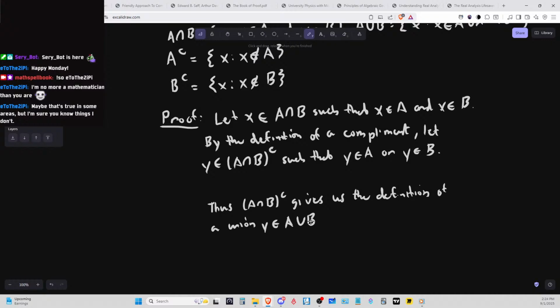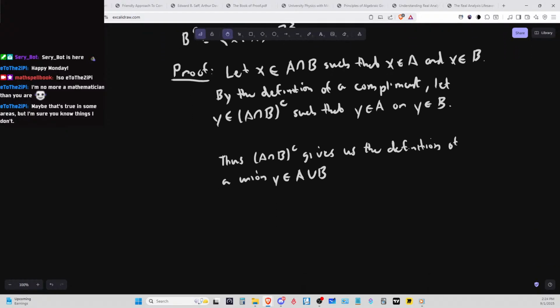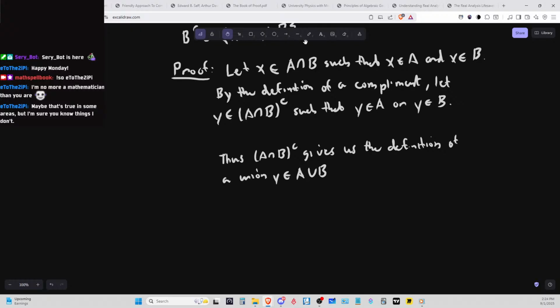Okay, so now we gotta show the other side. For the right-hand side, I'm pretty sure mathematicians shorten it to this, right? If not, then I'll just write it all out if that's not appropriate, especially for someone who's very new to proofs.